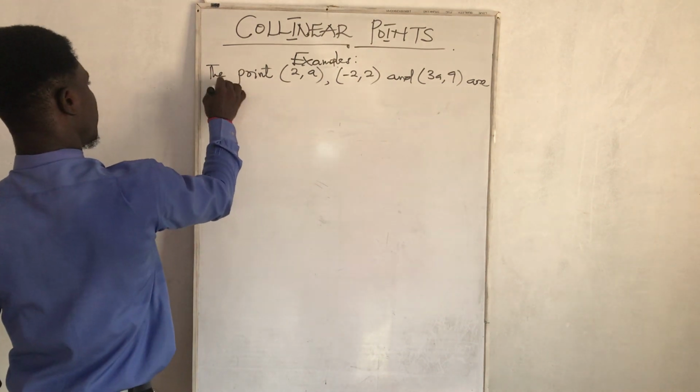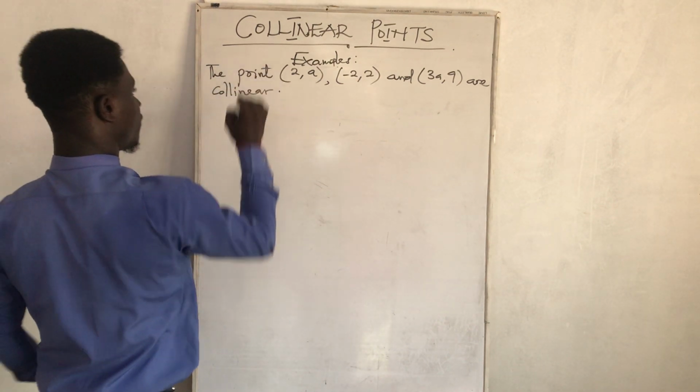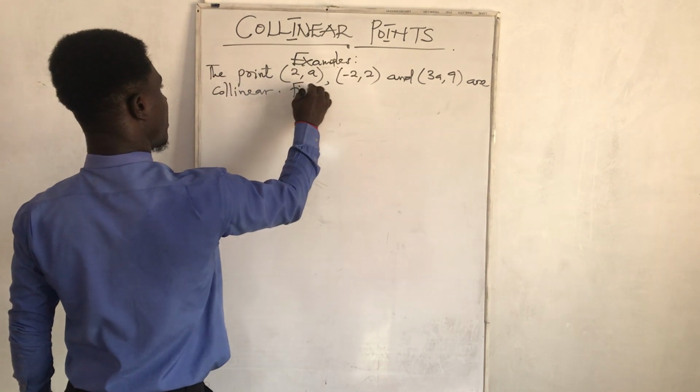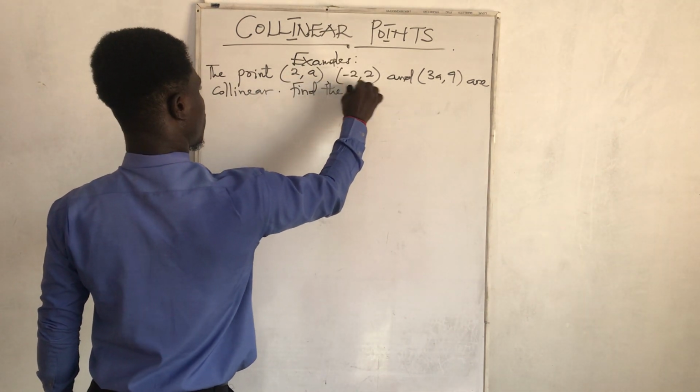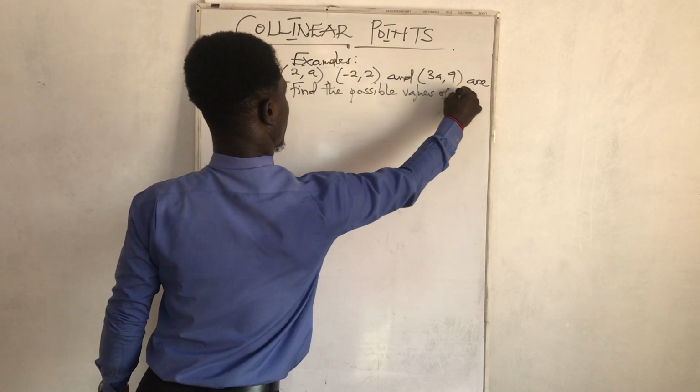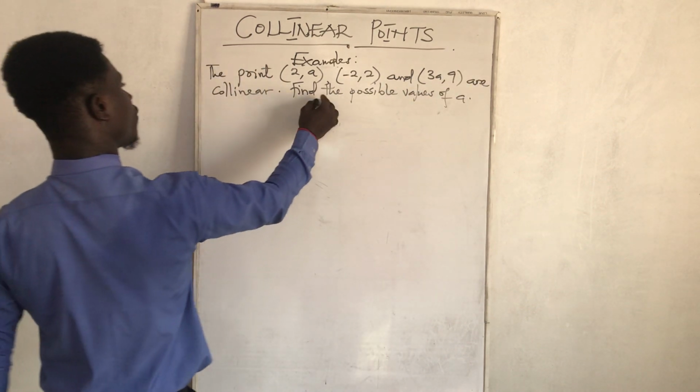Find the possible values of a. So we are finding the possible values of a for these points.